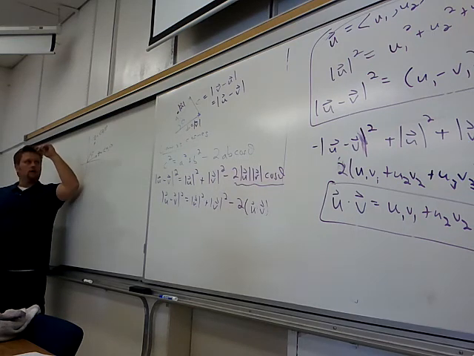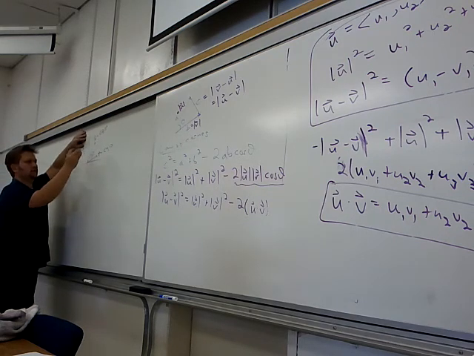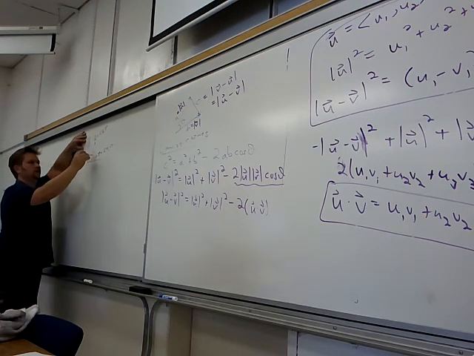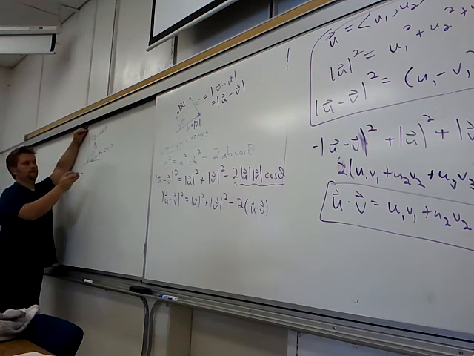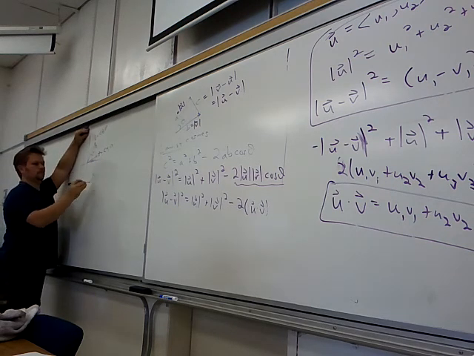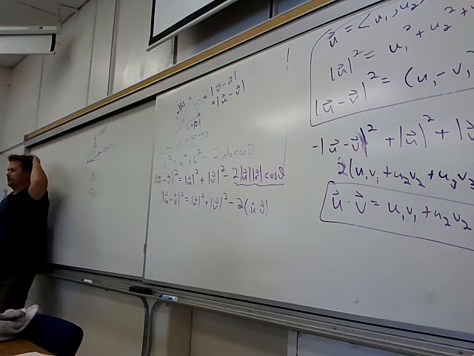What's the angle for u? Let's call this one, incredibly enough, theta u. So we'll call this one theta v. And this is actually something I don't think I've directly said in here.